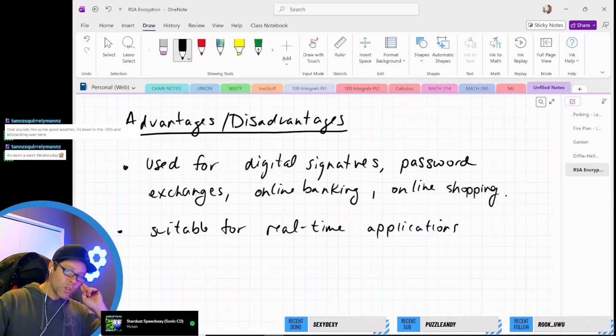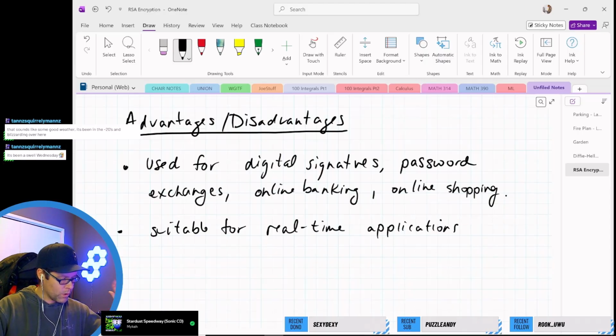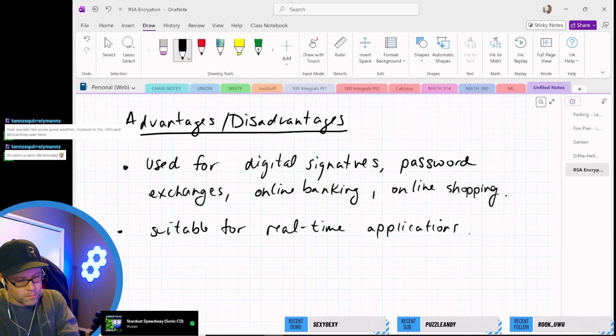RSA is suitable for real-time applications, although it says here that the algorithm's slightly slower than others when we're working with a large amount of data.